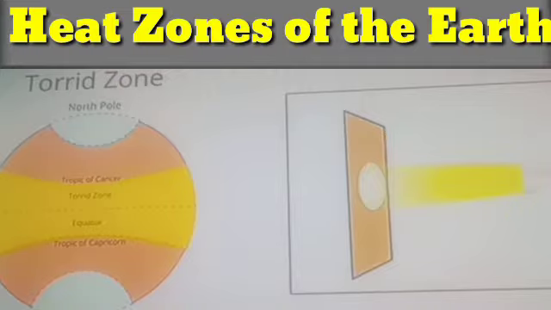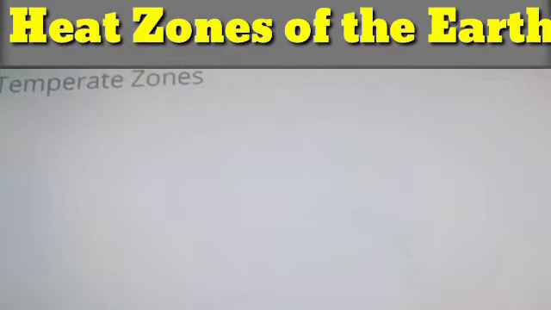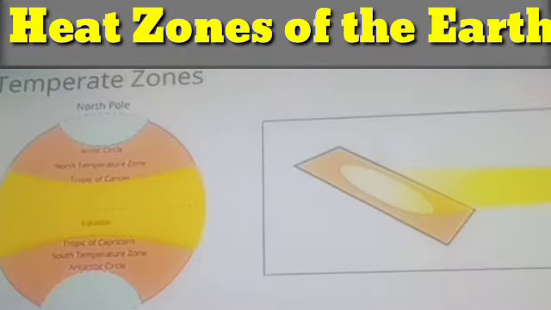Next are the temperate zones. The midday sun never shines overhead on any latitude beyond the Tropic of Cancer and the Tropic of Capricorn. Here, the angle of the sun's rays goes on decreasing towards the poles.